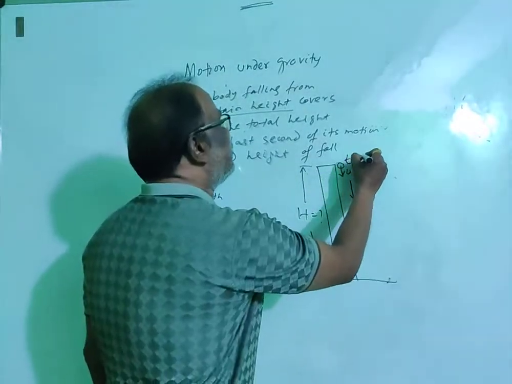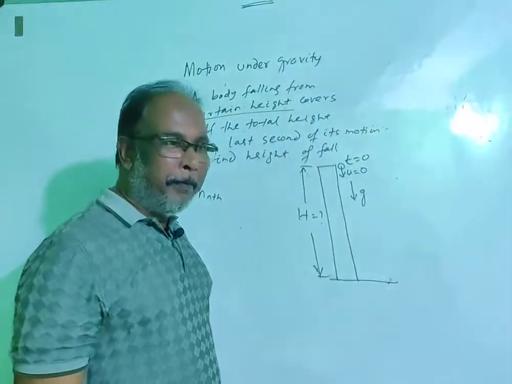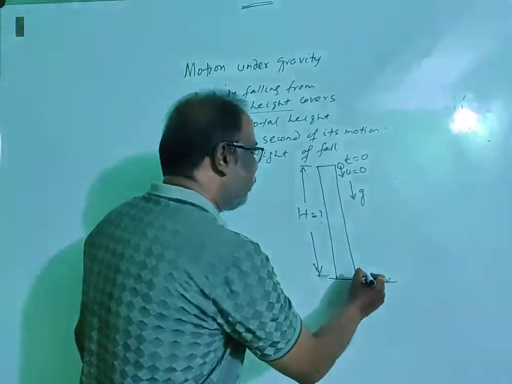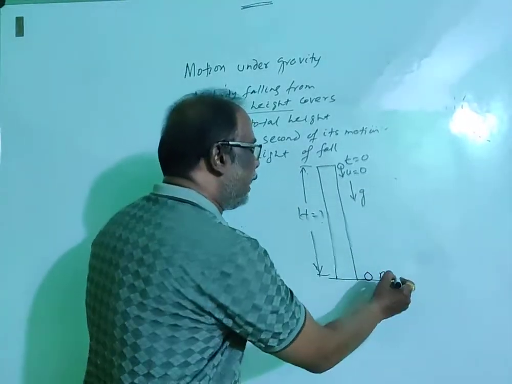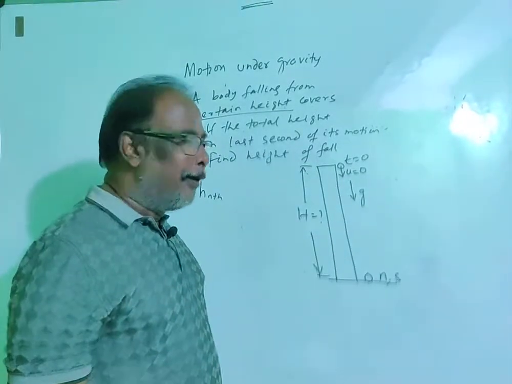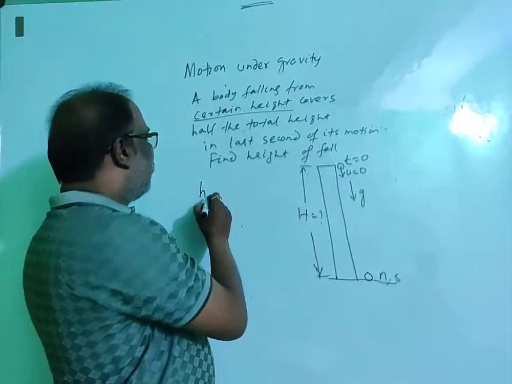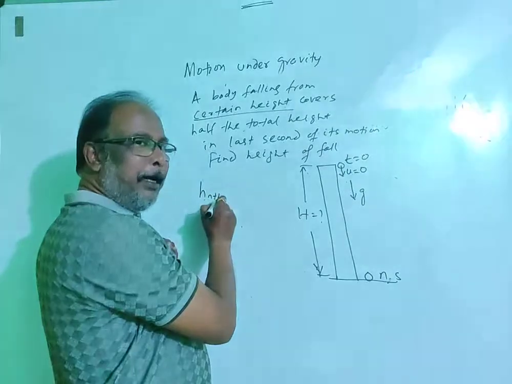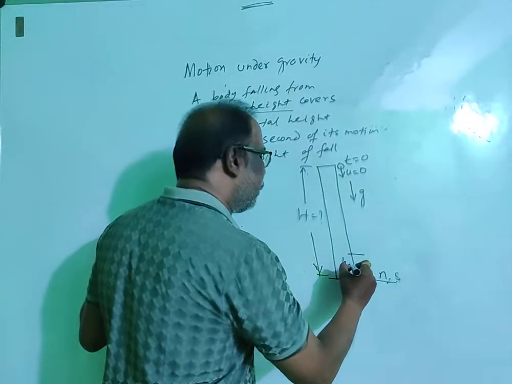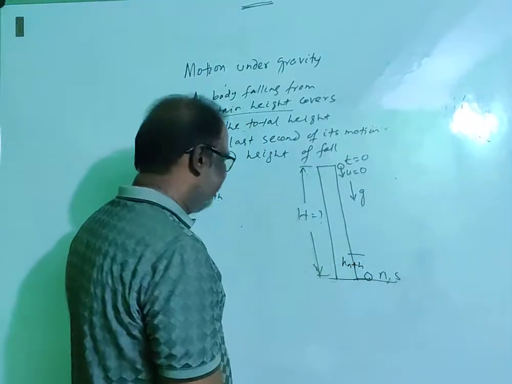If the body is released from the top of the height at t is equal to 0, then to reach the ground, time taken is n second. Total time is n second. And here given is distance travelled in last second. This is the distance travelled by the body in the last second of its motion.